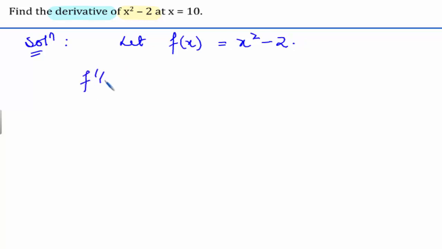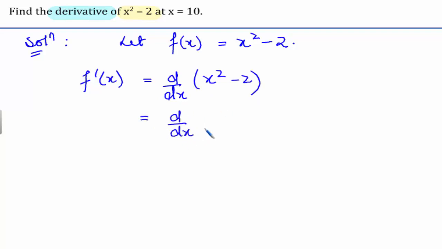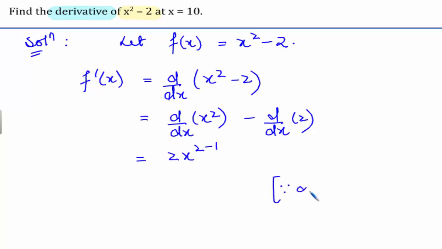Derivative is given by f dash x, that is d upon dx of the function x square minus 2. So this is equal to d dx of x square minus d dx of 2. Now this is equal to 2 into x raised to the power 2 minus 1, since we know that derivative of x raised to the power n is equal to n into x raised to the power n minus 1.